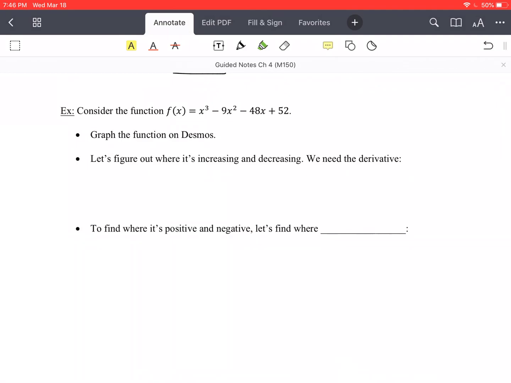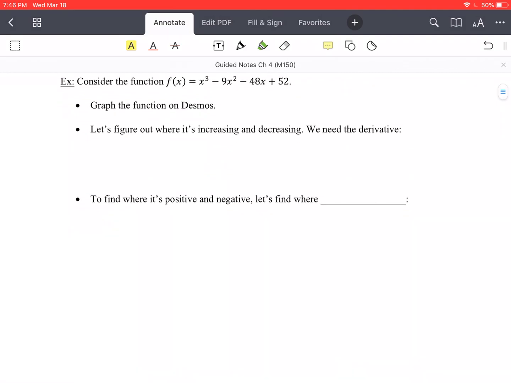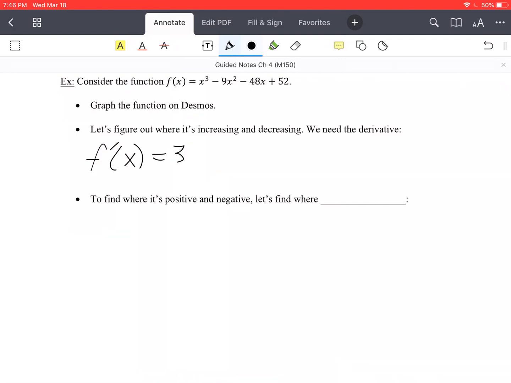So now, let's figure out where this function is increasing and decreasing. So first thing we need is the derivative. So we're going to get f prime of x. To get this, we need to use the power rule, right? So the derivative of x cubed is 3x to the 3 minus 1, so 3x squared.